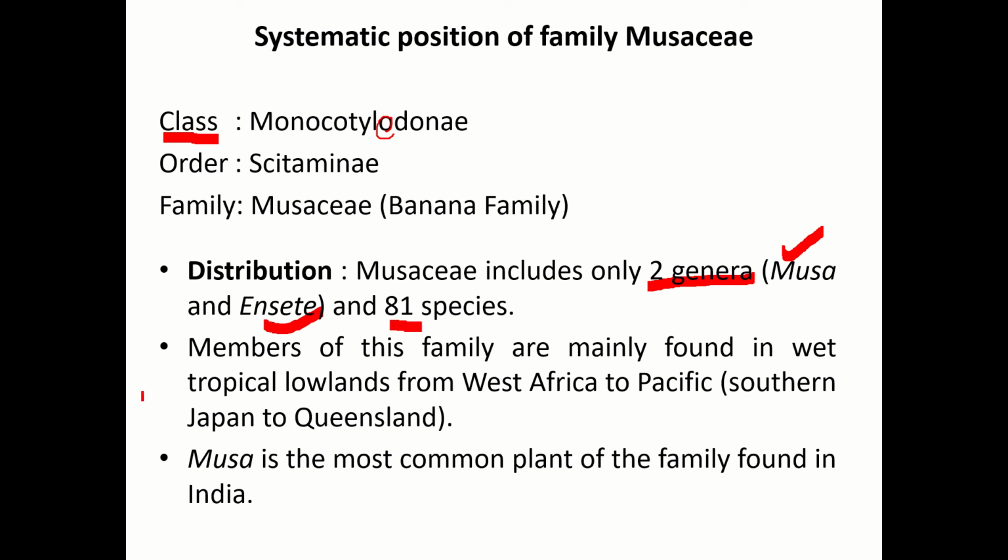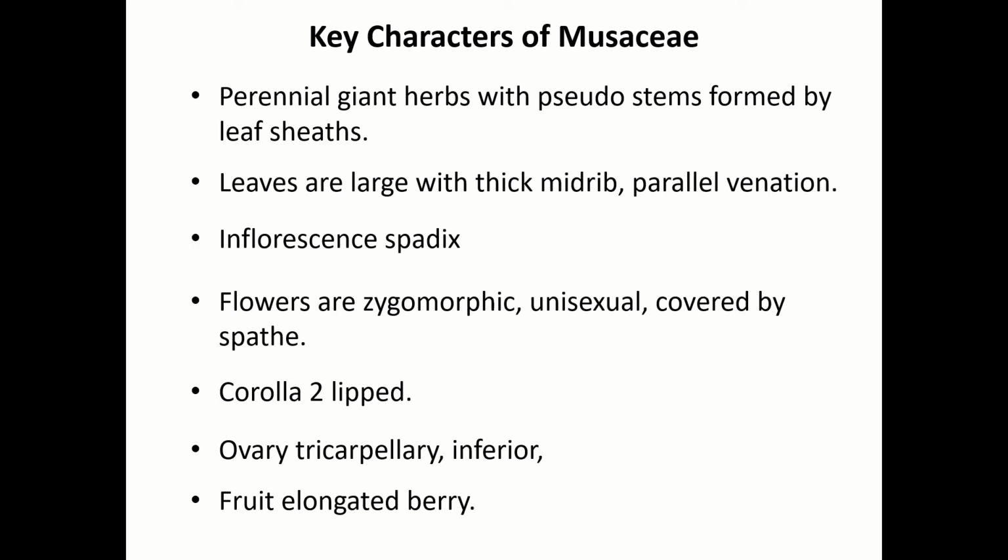The members of this family are mainly found in wet tropical lowlands from West Africa to the Pacific, that is, the southern side of Japan to Queensland. Musa is the most common plant of the family found in India.